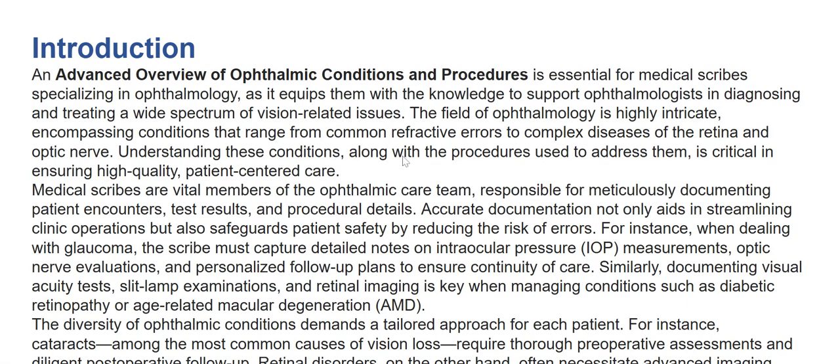Understanding these conditions, along with the procedures used to address them, is critical in ensuring high quality patient centered care. Medical scribes are vital members of the ophthalmic care team responsible for meticulously documenting patient encounters, test results, and procedural details.